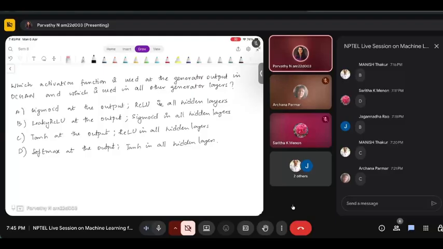Softmax at the output, TANH in all hidden layers. Yeah, so it is TANH at the output, ReLU in all the hidden layers.